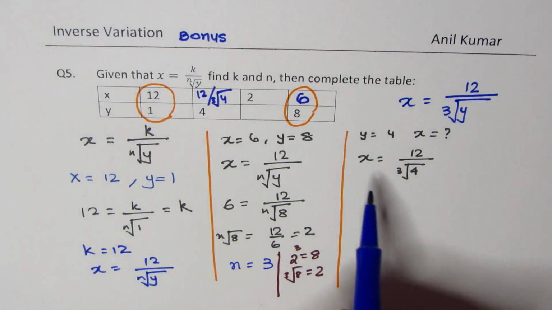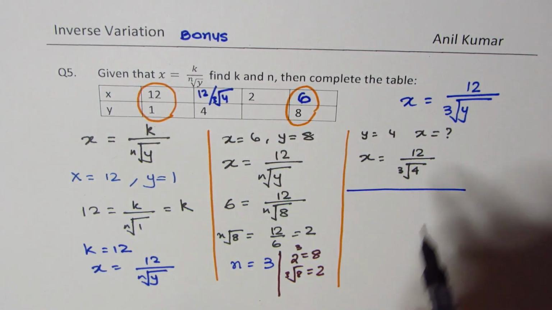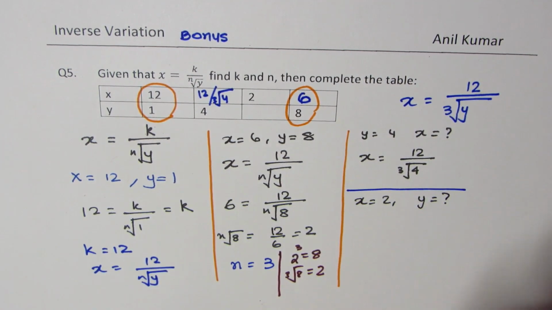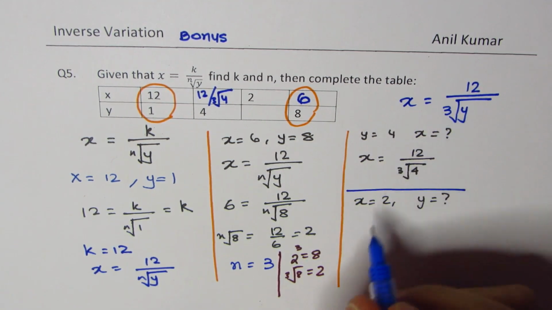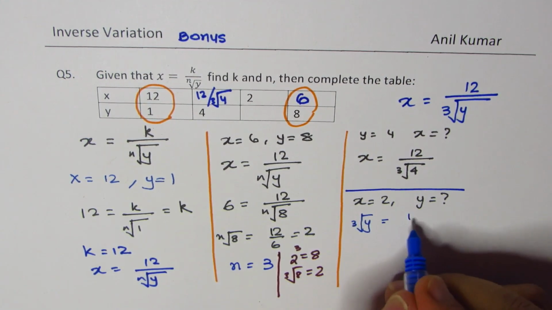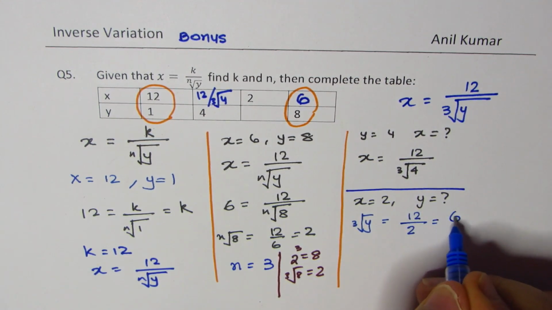The second case is when x is equal to 2, what is y? So if x equals 2, we need to find the value of y. We can just rearrange. We get the cube root of y is equal to 12 over 2, the value of x, which is 6.